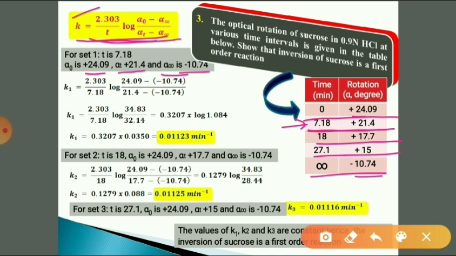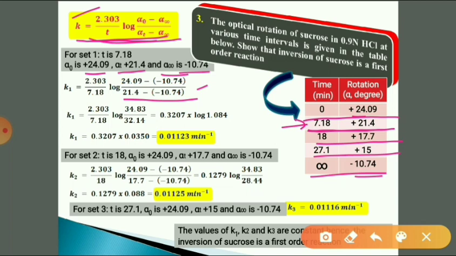So k1 equal to 2.303 upon t, which is 7.18, into log of alpha 0, which is 24.09, minus alpha infinity, which is minus 10.74, divided by alpha t, which is 21.4, minus alpha infinity, which is minus 10.74.